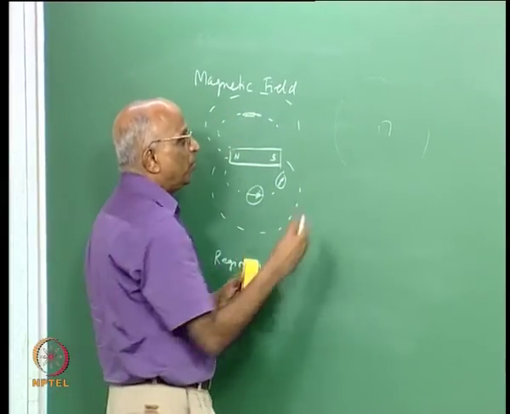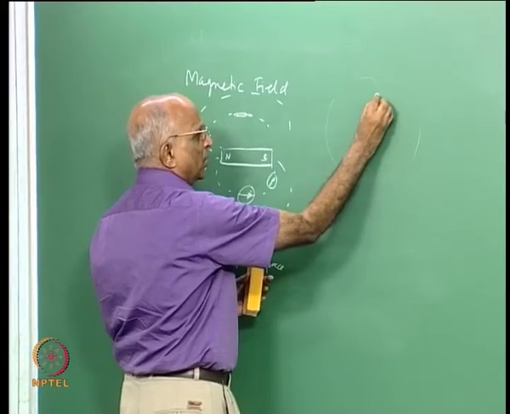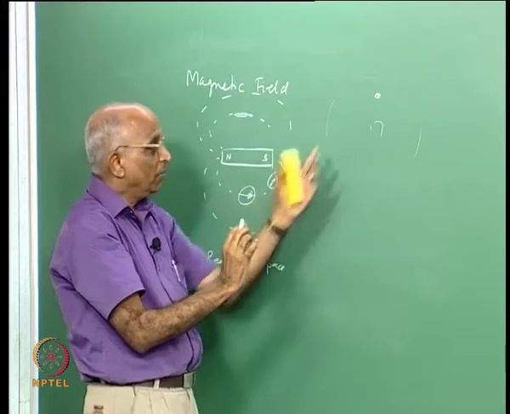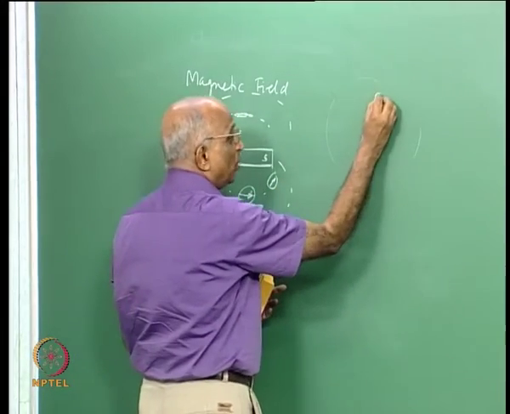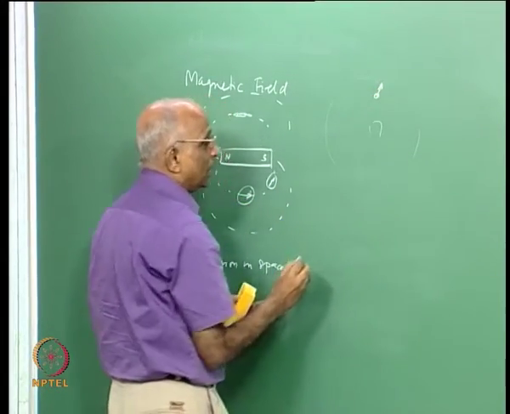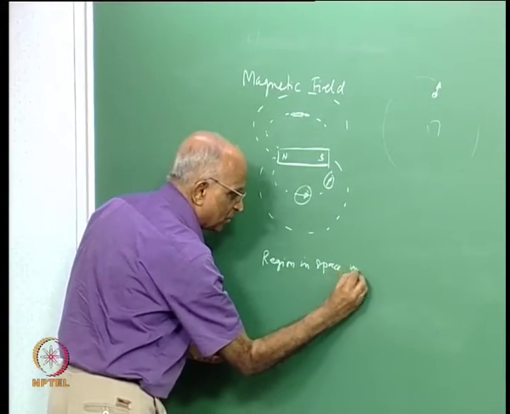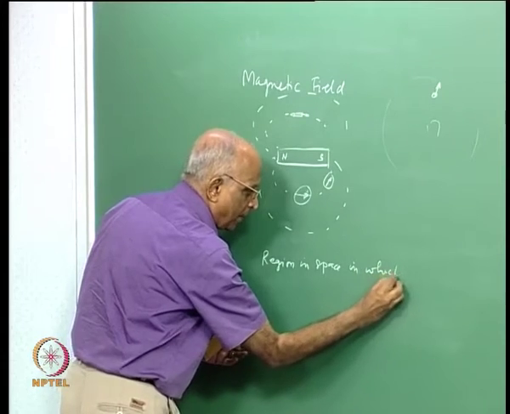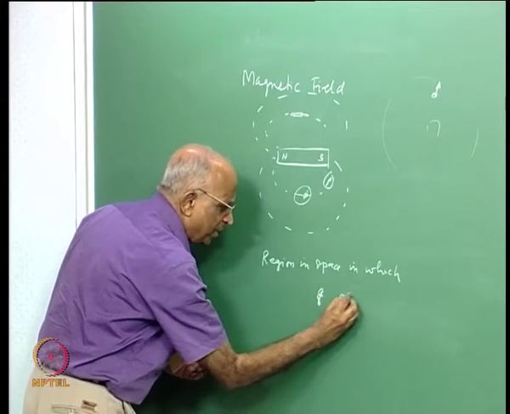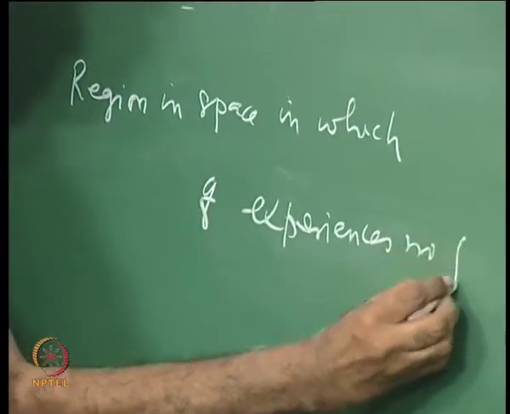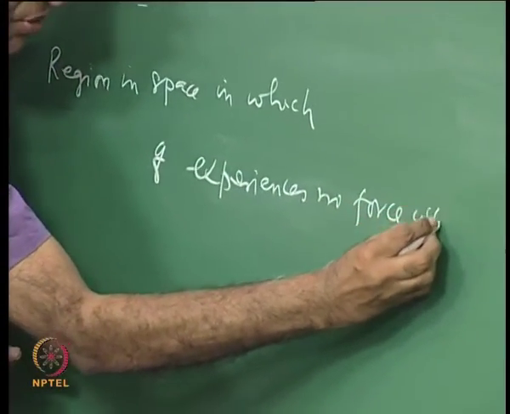Now if I were to put a charge here, there is no change, the charge does not experience any force. So it is a region in space in which a charge q experiences no force when at rest.